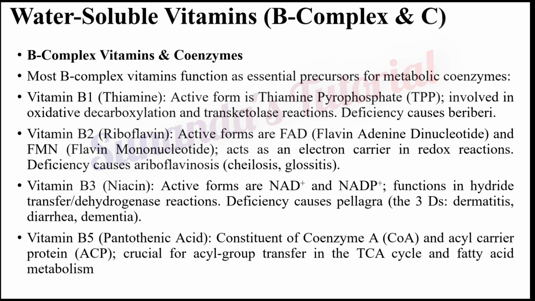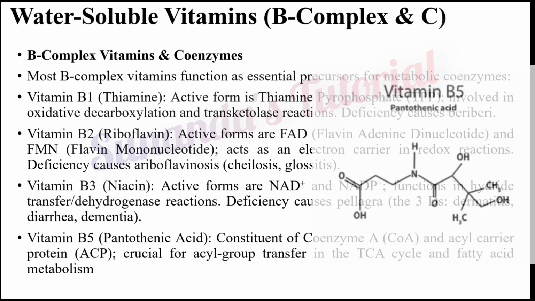Pellagra includes dermatitis, diarrhea, dementia. Next, B5 or pantothenic acid, a constituent of coenzyme A and acyl carrier protein, ACP, crucial for acyl group transfer during the TCA cycle as well as fatty acid metabolism.